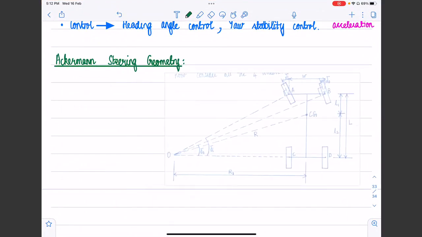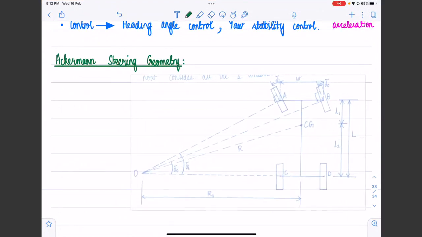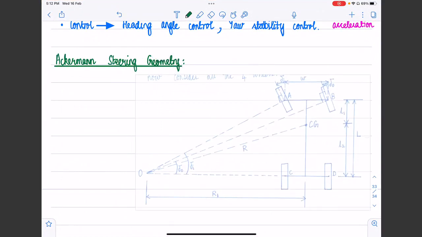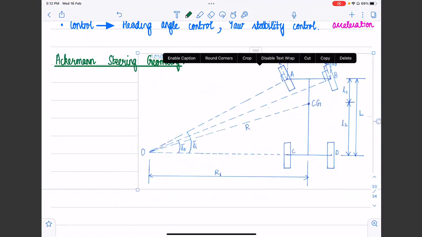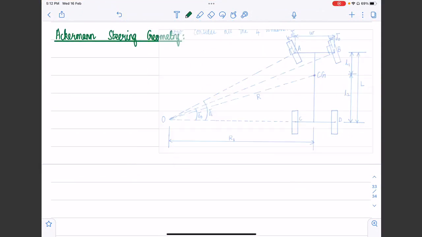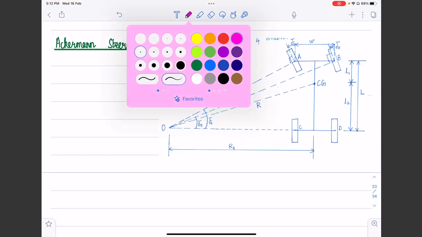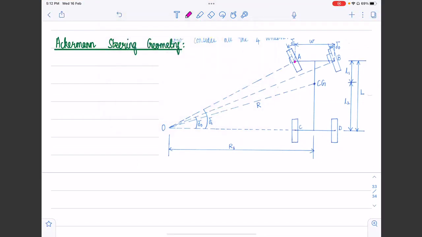Let's consider a very simple schematic of a four-wheel vehicle that is being turned. We can observe that points A and B are the centers of the two front wheels, where they contact the ground.